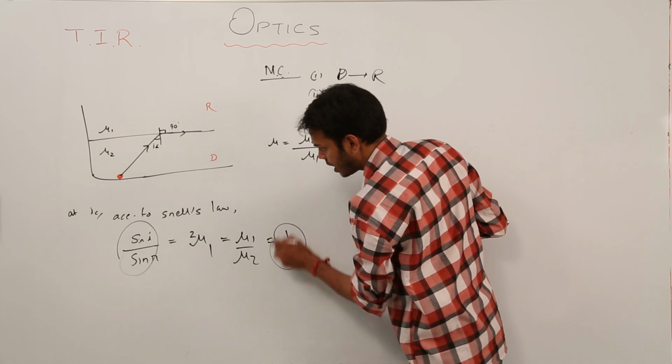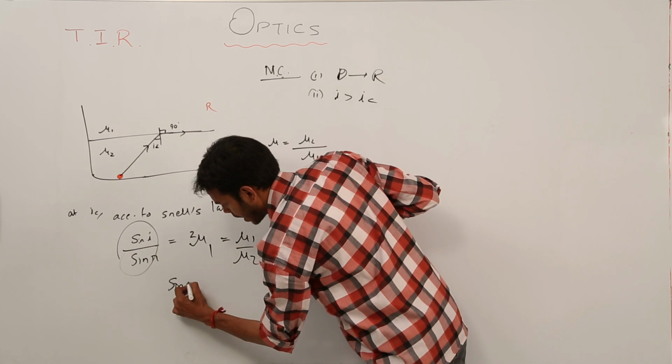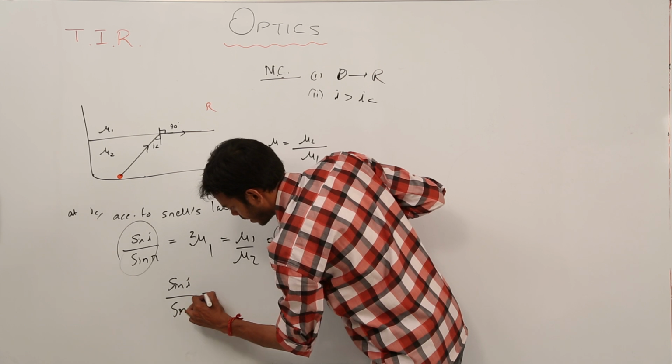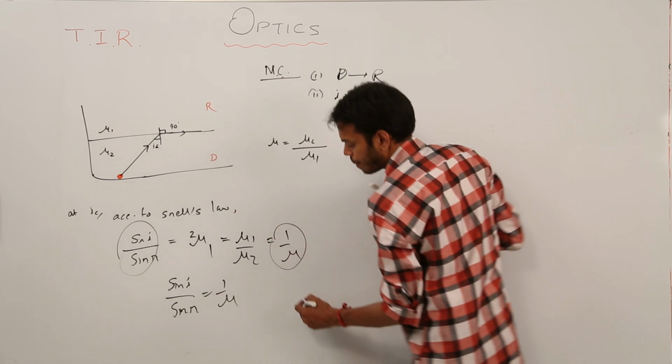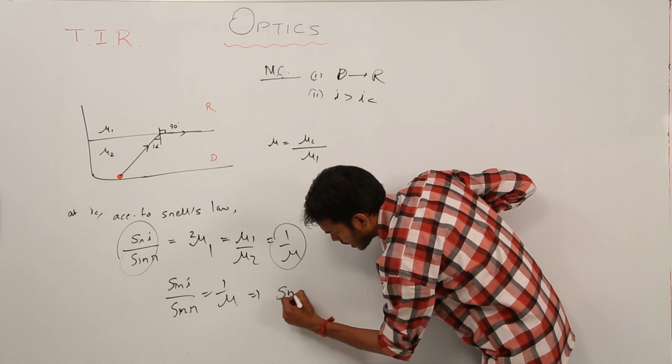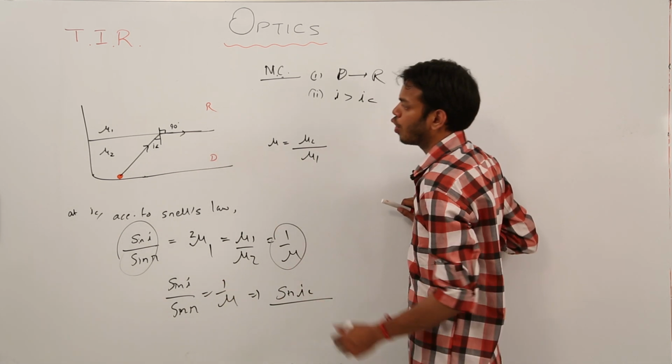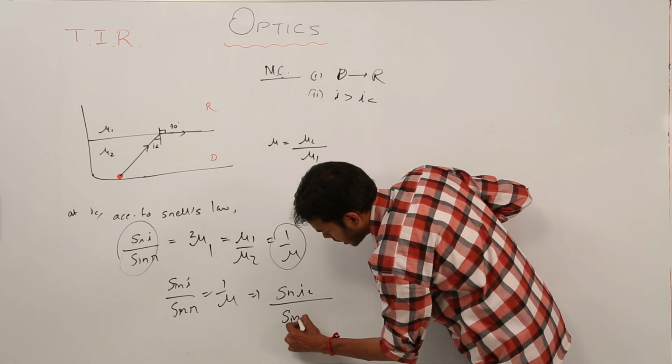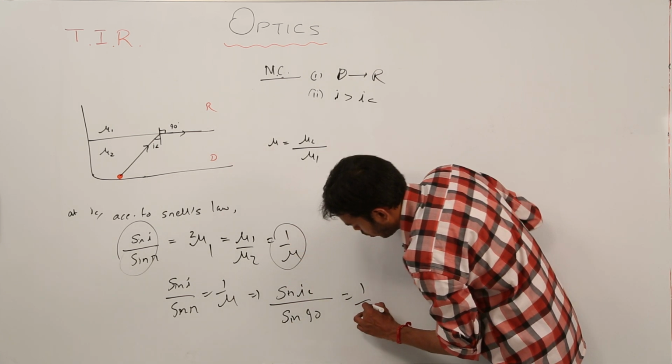Take this and this part. Sin i upon sin r is 1 upon mu. That means, put the values: i equal to the critical angle, sin iC over sin r. What is r? r is equal to 90 degrees. Sin 90 is equal to 1 upon mu.